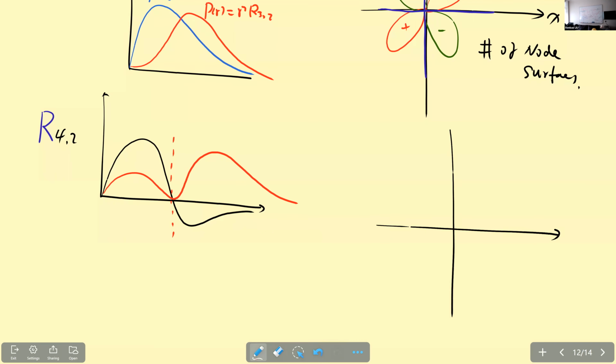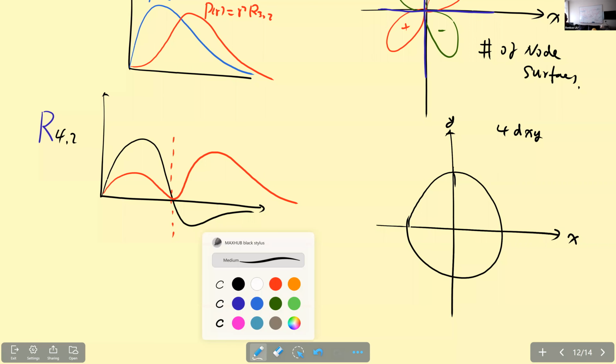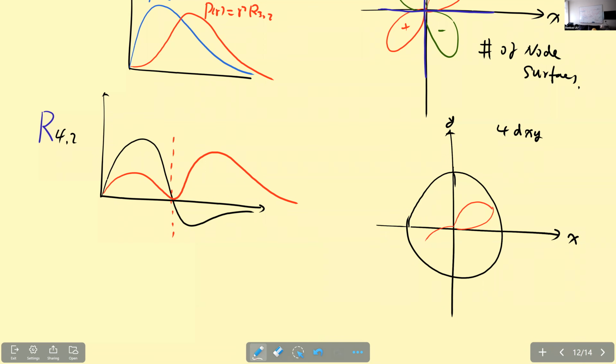let's look at the 4DXY. Okay, and you know that now you have a surface like this one that will give you 0, right? Okay, and so this xy axis are also not surfaces. So now you can see that again you have this one, something like this.